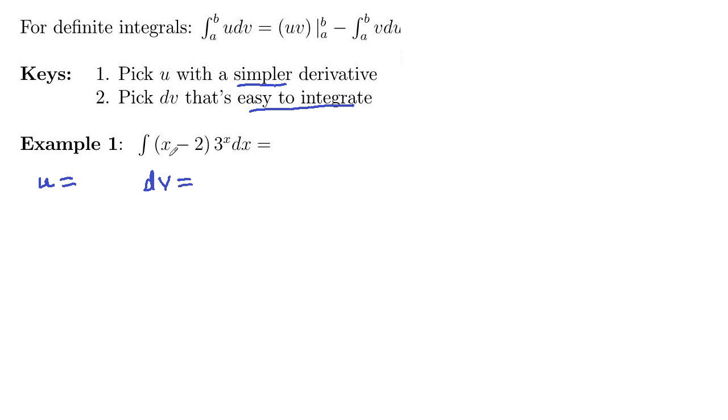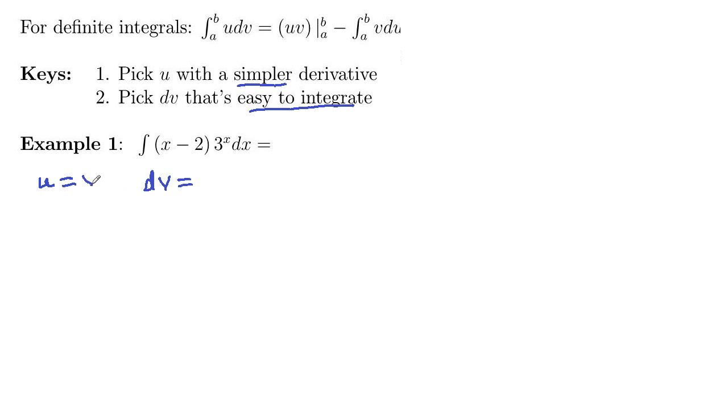I could pick u to be either the x minus 2 or the 3 to the x. If I differentiate x minus 2, I'd get 1, so that's a simpler derivative. If you differentiate 3 to the x, you get 3 to the x log 3. Not more difficult, but not simpler.